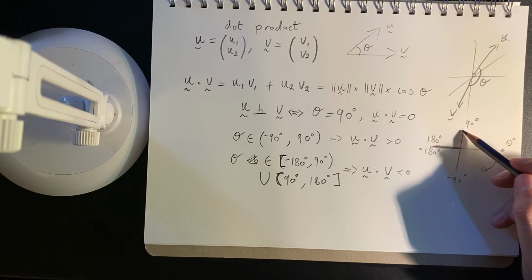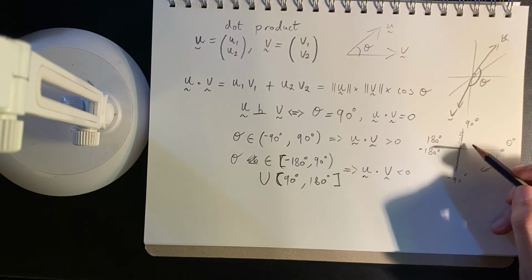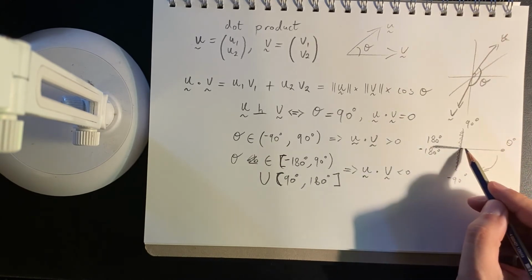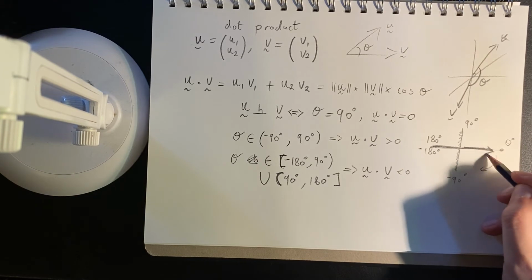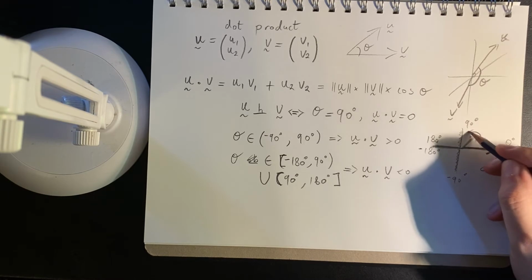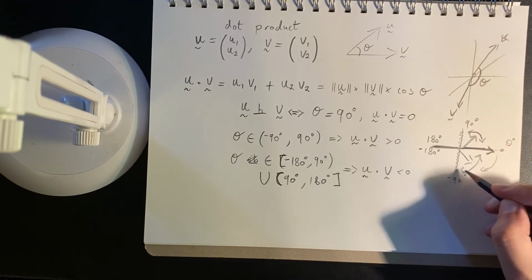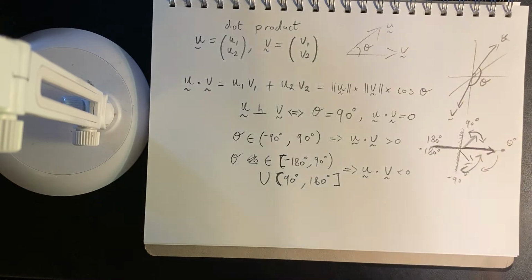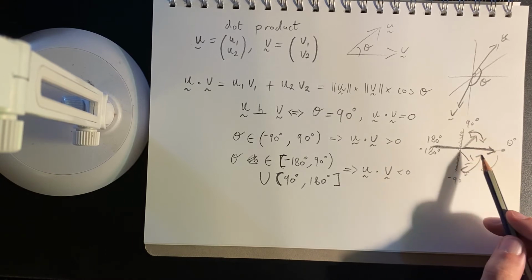But long story short, think of it in terms of front faces and back faces. So if we have, let me pick one vector here, and then another vector could be anywhere on this range or on this range. This will produce positive dot products because the vectors are kind of facing the same direction.